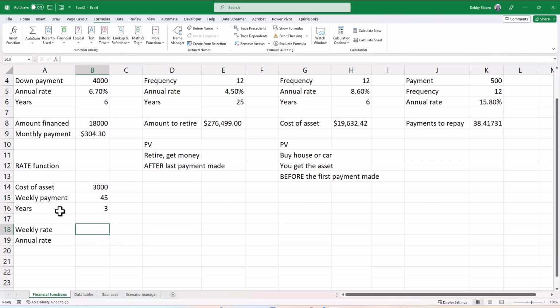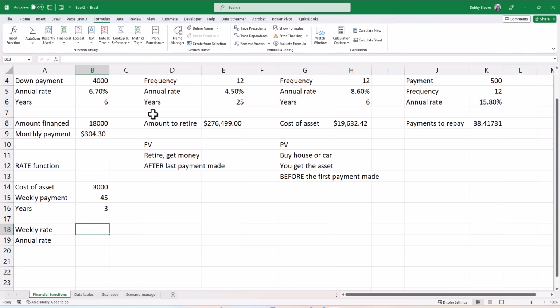Well, the RATE function, because this is a weekly payment, will tell you how much interest you're paying per week. So to calculate the annual rate, you would take the weekly rate and multiply it by 52. If this was a monthly payment, you take the monthly rate and multiply it by 12. But because this is a weekly payment, the annual rate would be the weekly rate multiplied by 52.